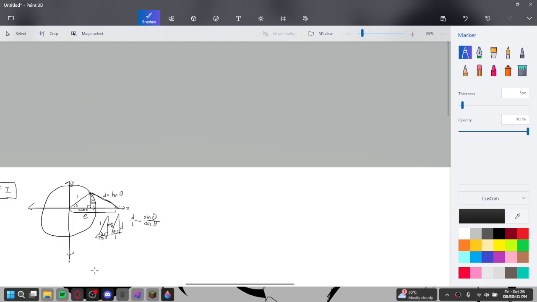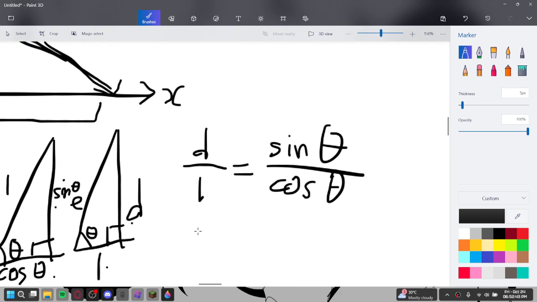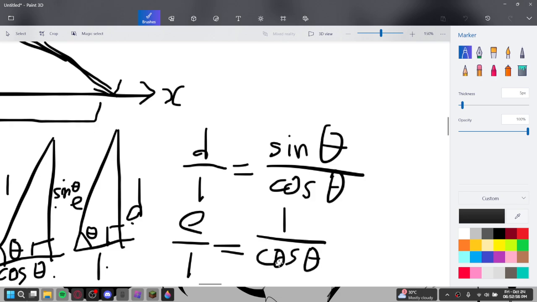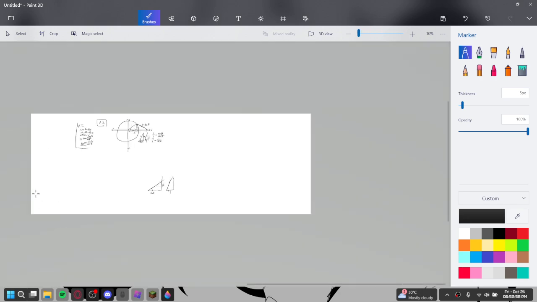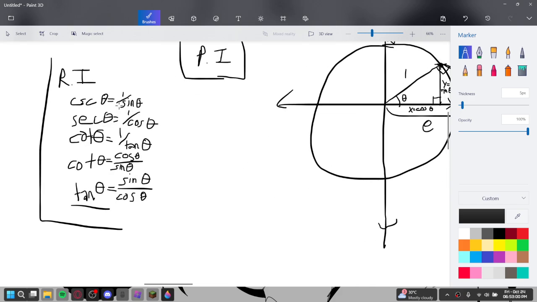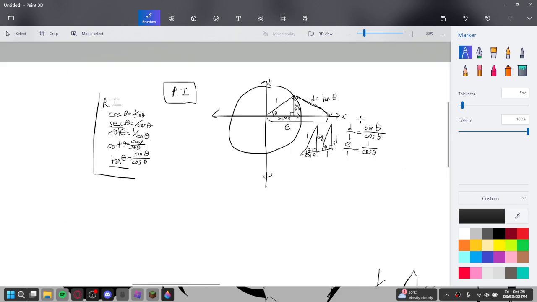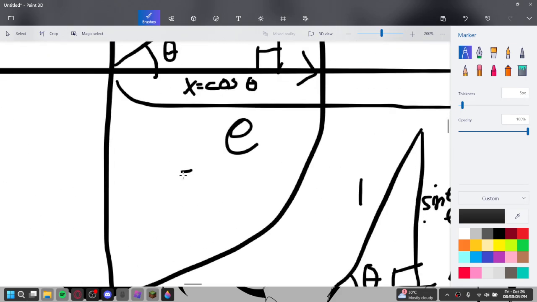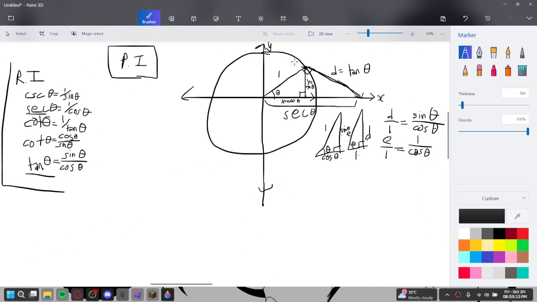And what about E? We can use the same thing. So E over 1 is just 1 over cosine of theta. Which, from the reciprocal identities, is just secant of theta. And so this is actually the secant theta right there.